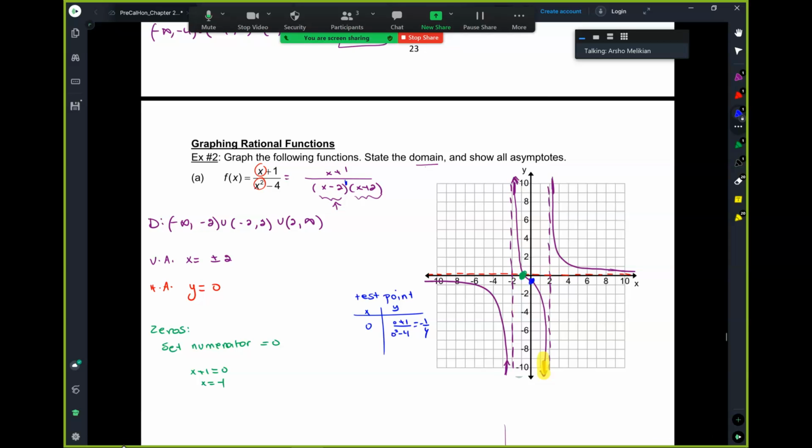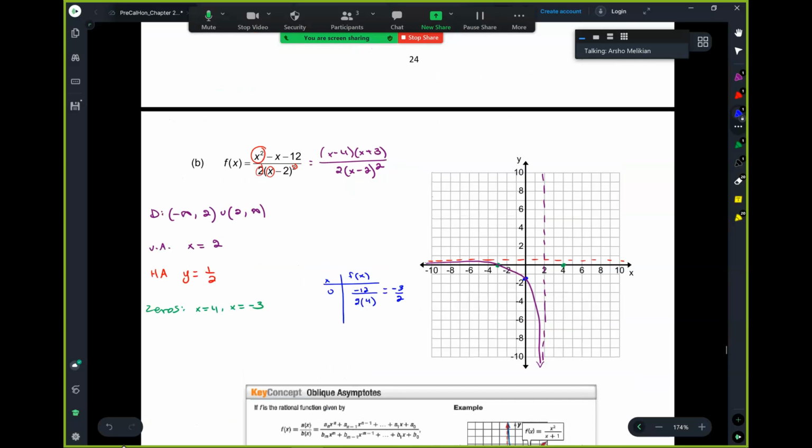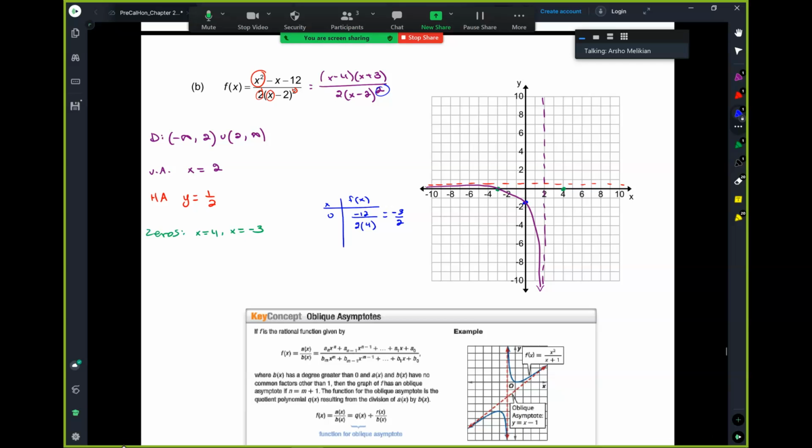If you have a multiplicity of 1 at x equals 2, it's got to switch signs. So if it ended negative, it's got to re-enter as positive. What's the multiplicity here? It's still 1. So at x equals -3, if it ended positive, it's got to switch sign and turn negative. What's the multiplicity now? 2. Multiplicity of 2 means it doesn't change sign. So if it exited here, it's going to enter on the same side and go there.